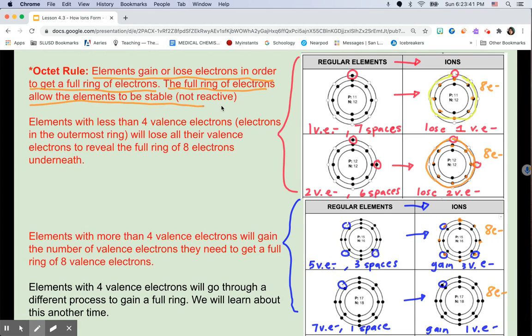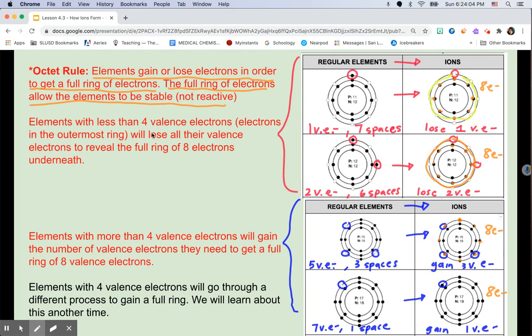So these are the 3 things you need to know about why elements become ions. They basically become ions, or lose or gain electrons, in order to get a full ring of 8 electrons because they need to be stable or not explosive.